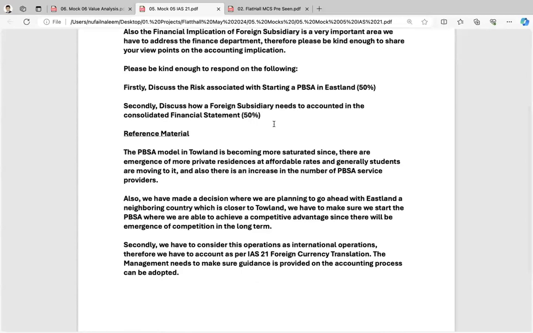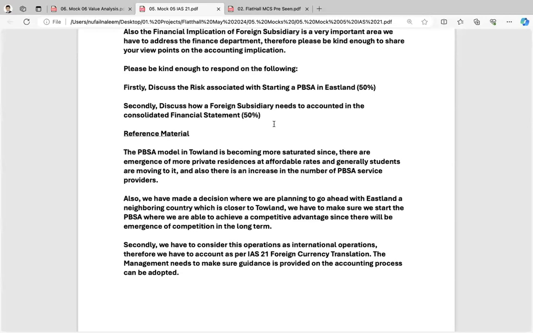Now, the reference material. The PBSA model in Tolan is becoming more saturated. There is an emergence of more private residences at affordable rates, and generally students are moving to those. Also, there is an increase in the number of PBSA service providers. We have made a decision to go ahead with Eastland, a neighboring country closer to Tolan.